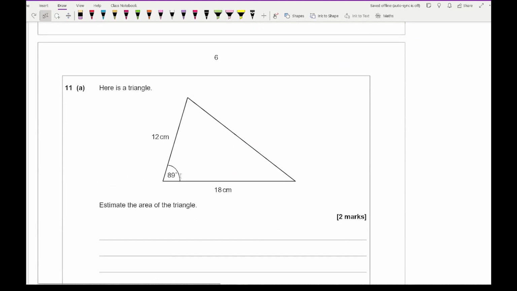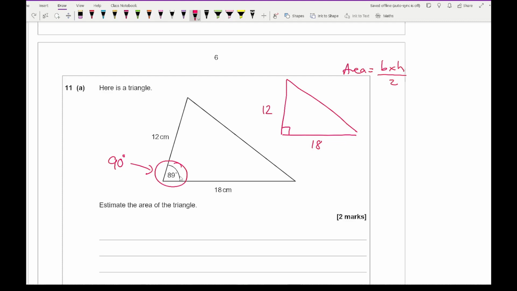Then moving on to question 11, it says here is a triangle. Estimate the area of the triangle. Well, if I round the angle, it becomes 90 degrees, which therefore means that this triangle, although it doesn't look it, is going to be a right angle triangle. Now to work out the area of a triangle, it's base times the height divided by 2.